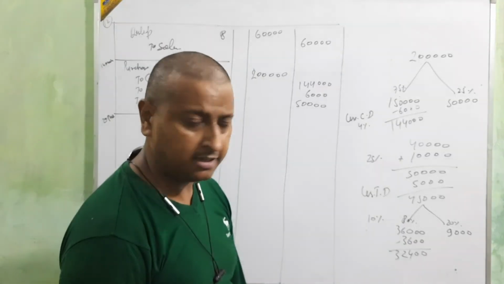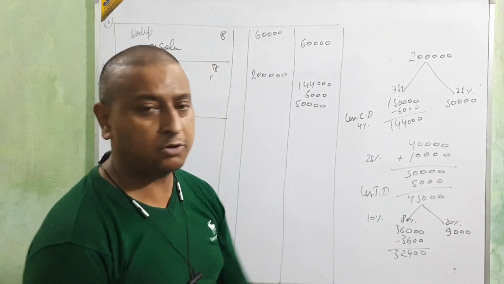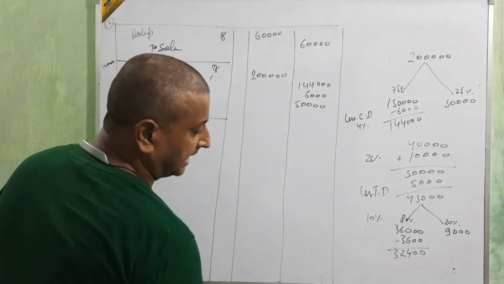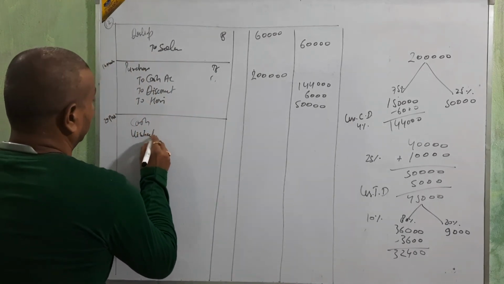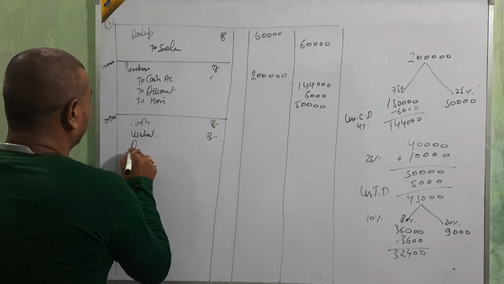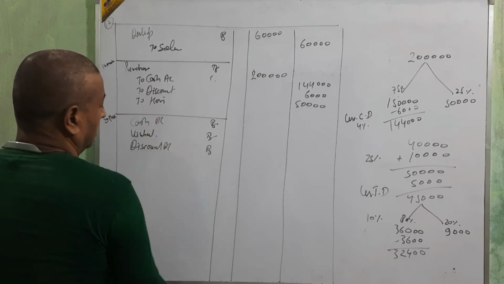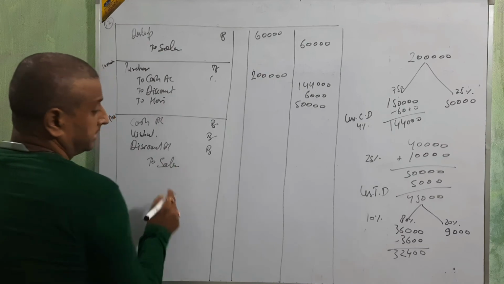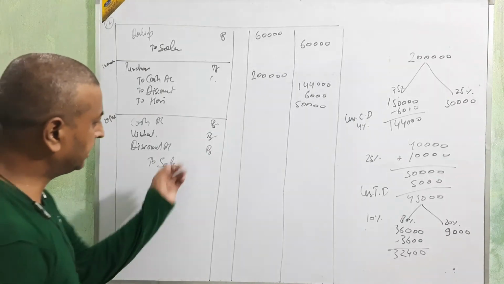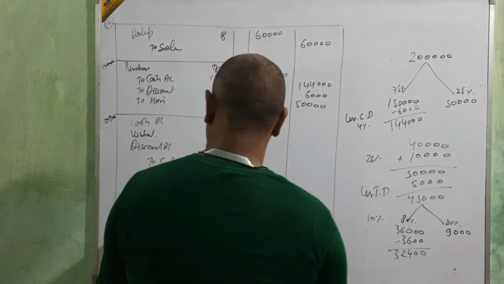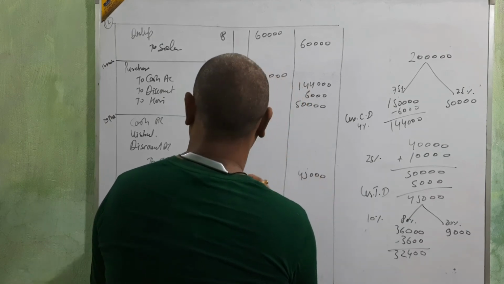Whatever amount remains, 80% is received in cash, less cash discount, and that amount is the same. Debit Vishal Traders and debit discount. After doing these things, just see the amount and write it down. 50,000 less trade discount gives 45,000.